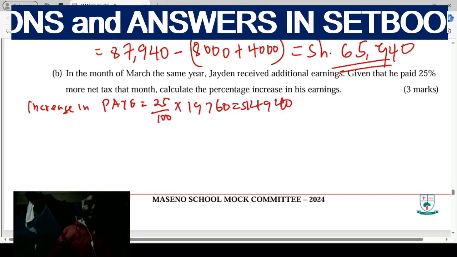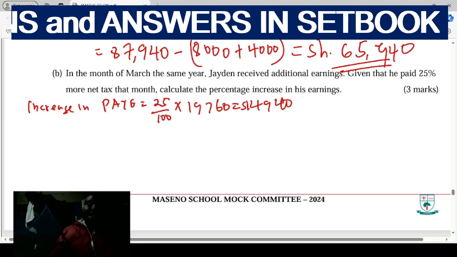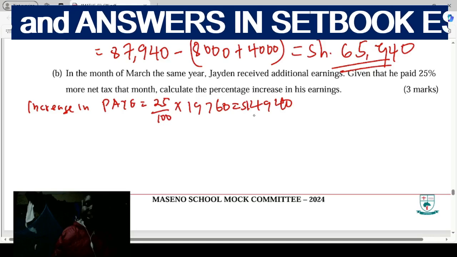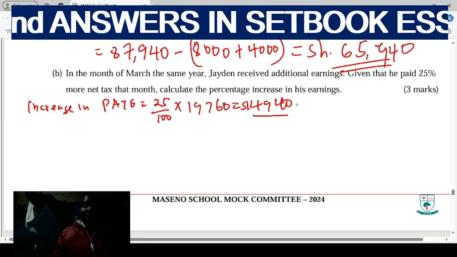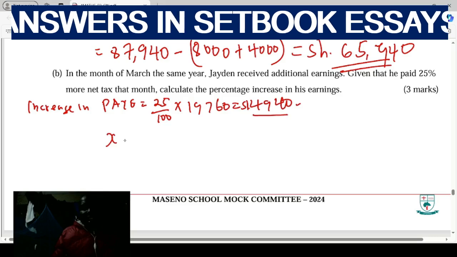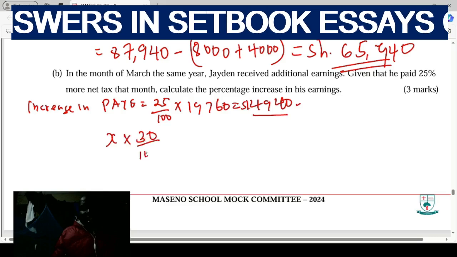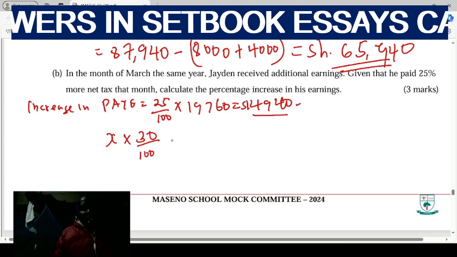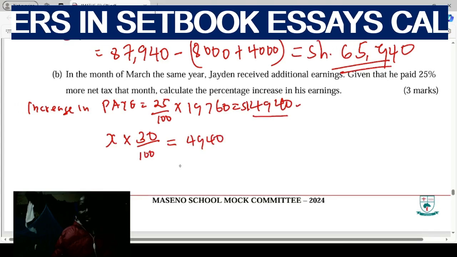Sasa hii ndio pesa itakuwa in excess. So tunaenda to the last slab na kutafuta the amount which itatupea hii pesa. So the amount which will give us this money ndio in excess. So to the next slab tunaenda x times the last slab, which is that of 30 over 100, will give us 4,940.